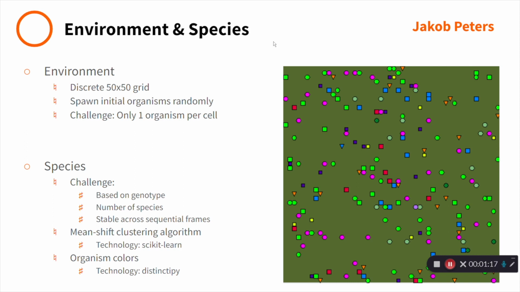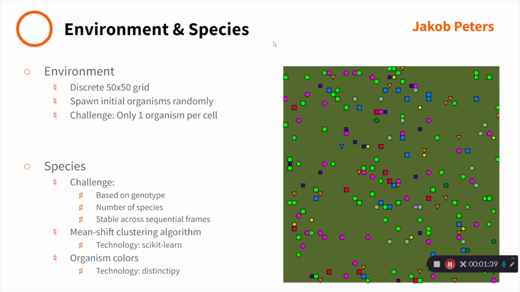At some point, we decided it would be better if there was only one organism per cell, so I went through our code base and refactored that, because initially we had a list of things that could be within a cell, and we wanted to make sure that all the organisms on the environment were visible to the user.